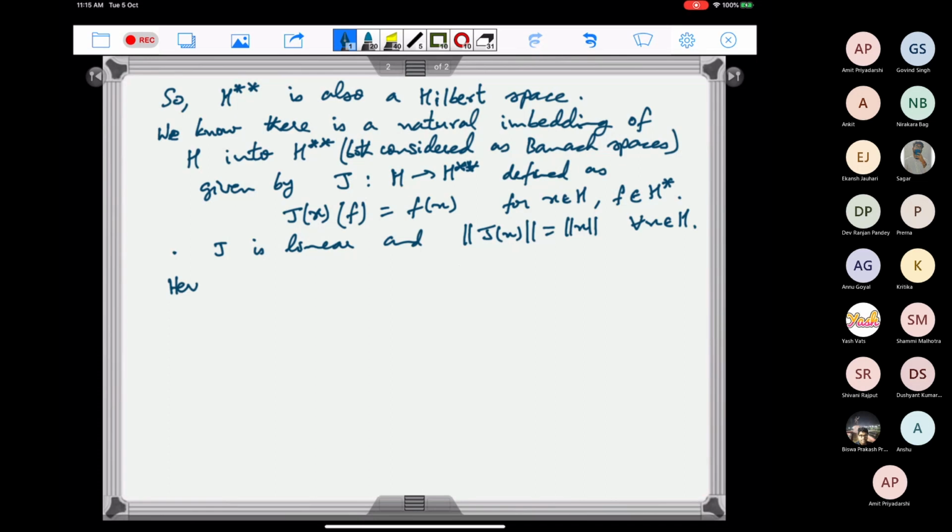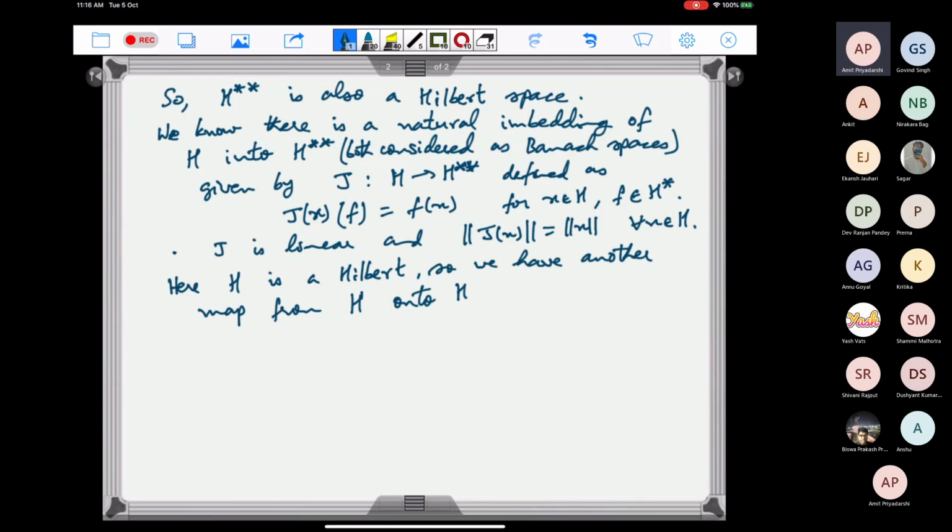So here H is a Hilbert space. So we have another map from H. This map is actually onto H double star.